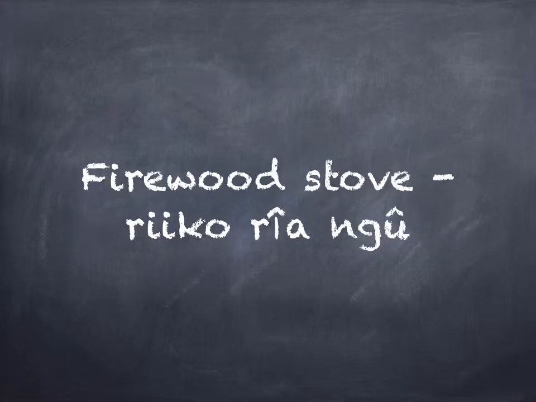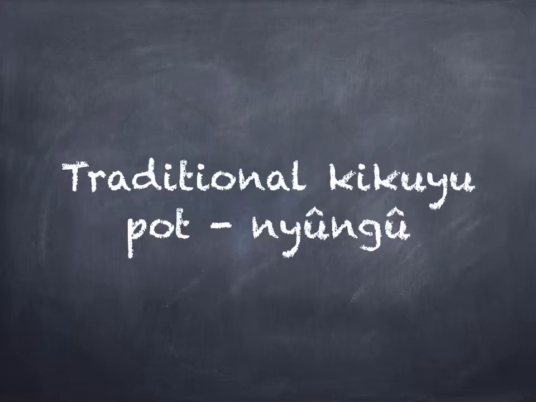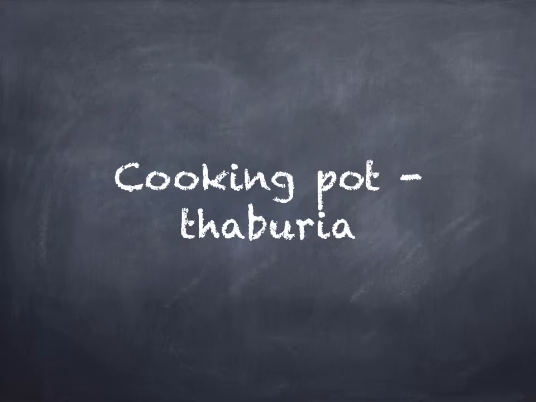The firewood stove, which is known as riiko rya go. Out of the fire and into the cooking pot, where you're going to find the Kikuyu traditional pot, which is referred to as nyogo, while its modern counterpart is known as dhafuria.